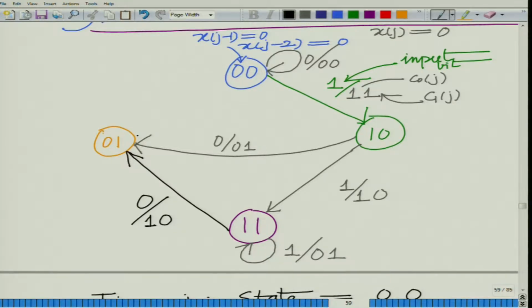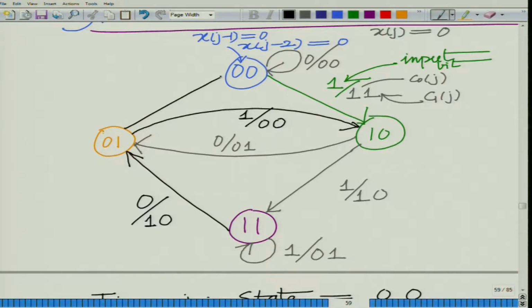Finally, coming to the state 0 1, if you get the input 1, naturally it will transition to 1 comma 0, because xj is 1, xj minus 1 is 0. The output bits are 1 plus 1, that is 0, and 1 plus 0 plus 1, that is also 0, because 1 plus 0 is 1, 1 plus 1 is 0, because the addition is on binary field.